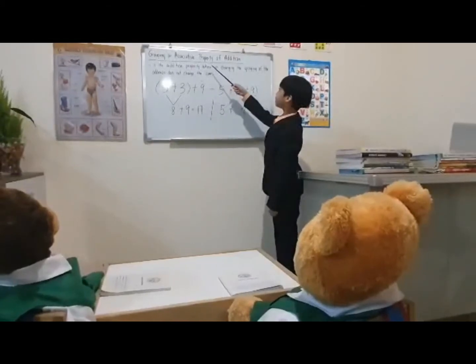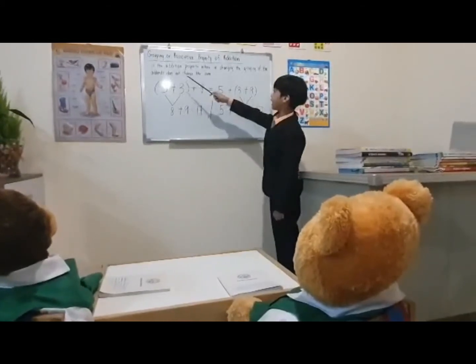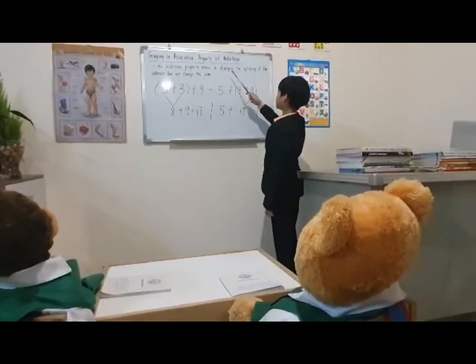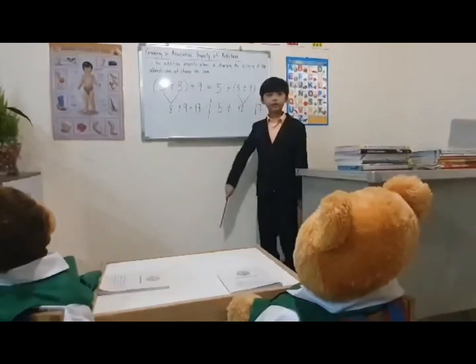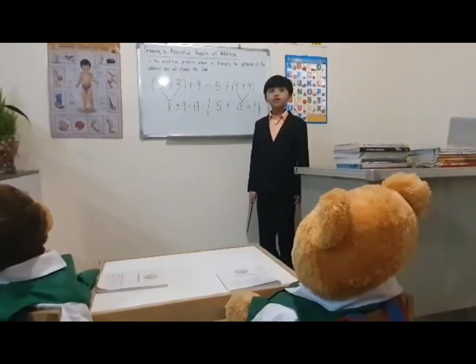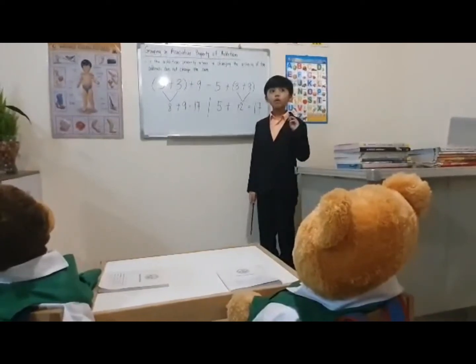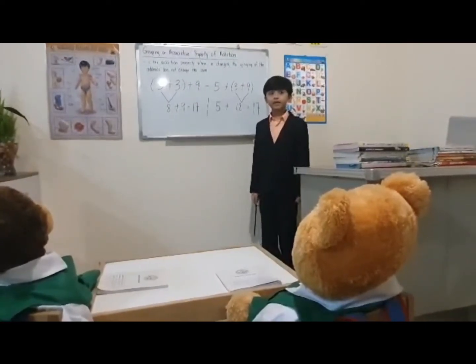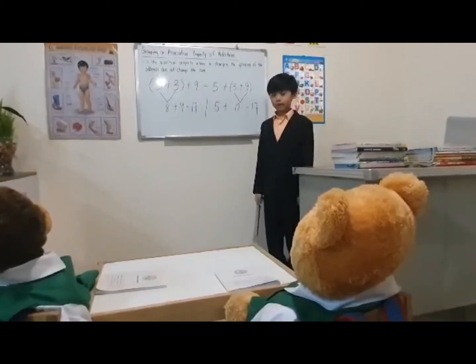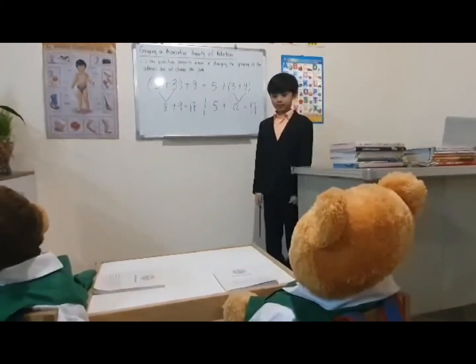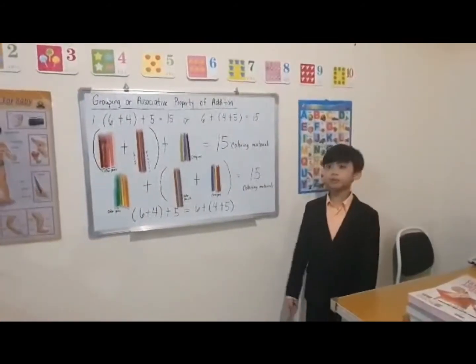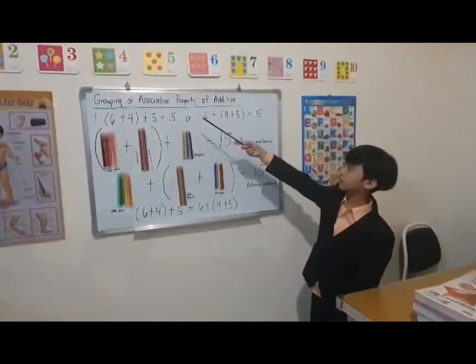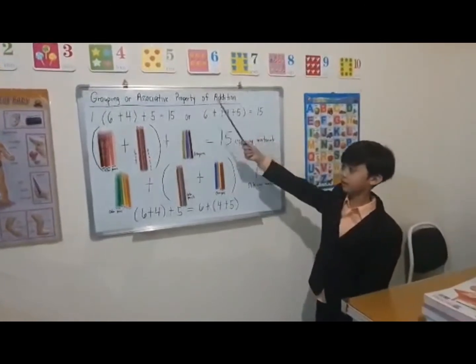Grouping or associative property of addition is the addition property where changing the grouping of the addends does not change the sum. In this property, we will have 3 or more addends, and they will be grouped by using parentheses. Here are some examples of grouping or associative property of addition.